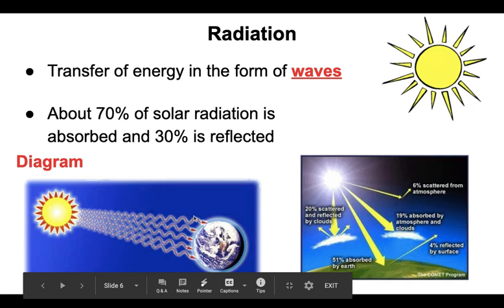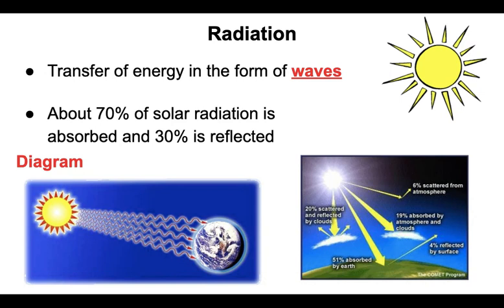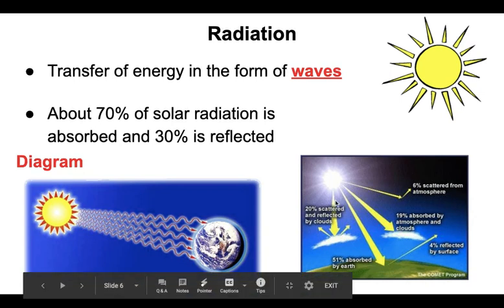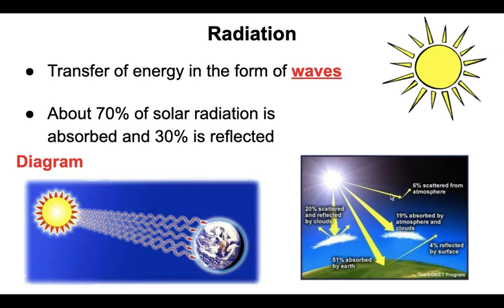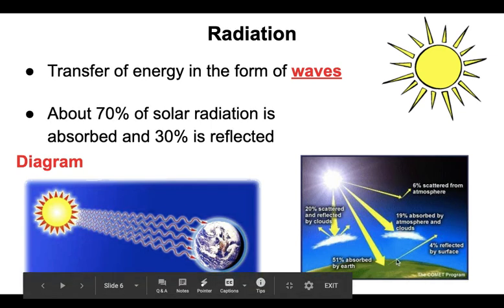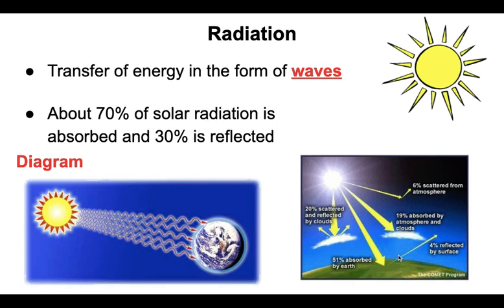About 70% of that solar radiation gets absorbed, most of it in the land or the water, and some of it in the clouds. About 30% gets reflected, either by clouds, by the atmosphere, or by the surface of the Earth.